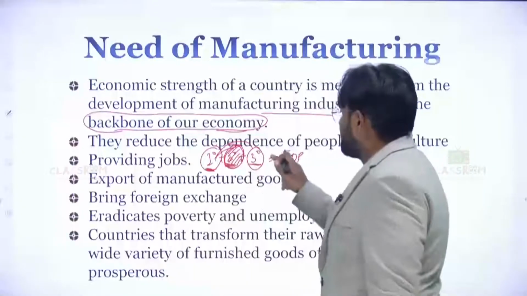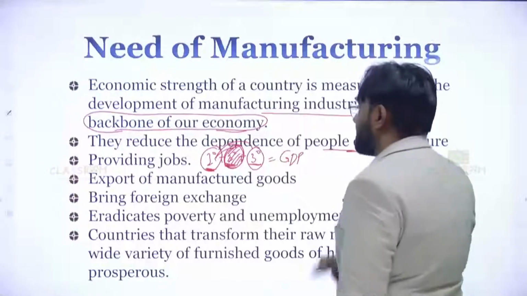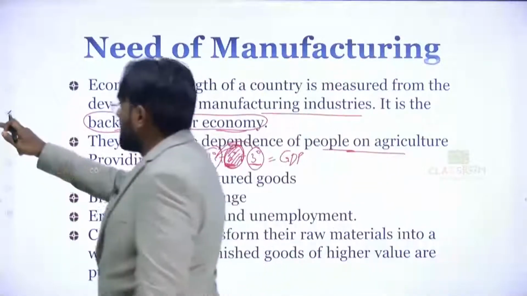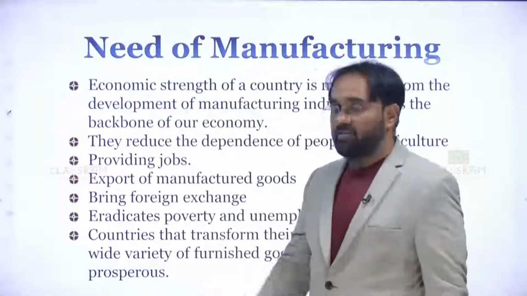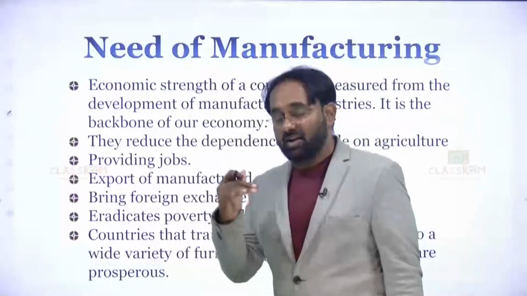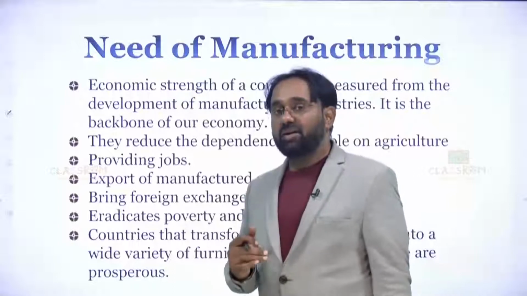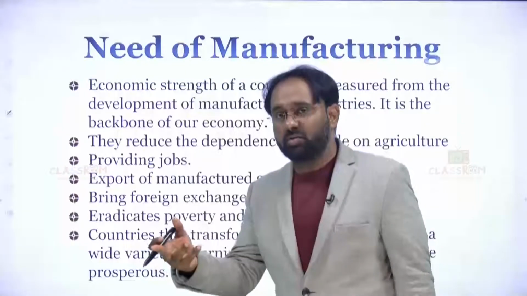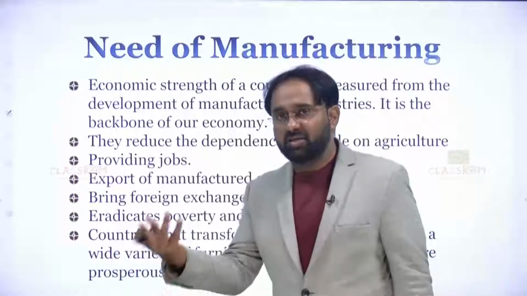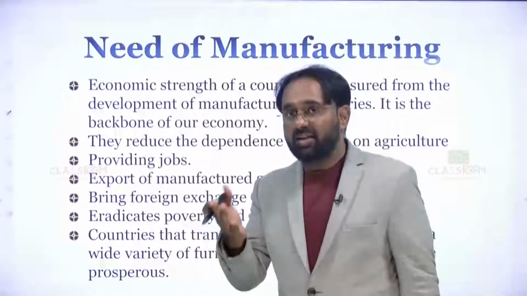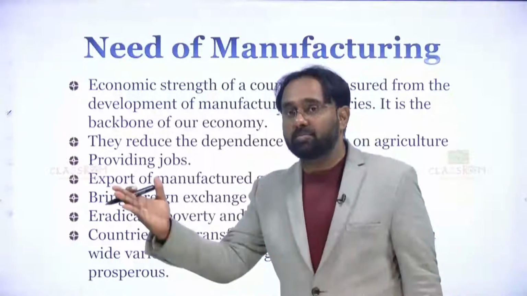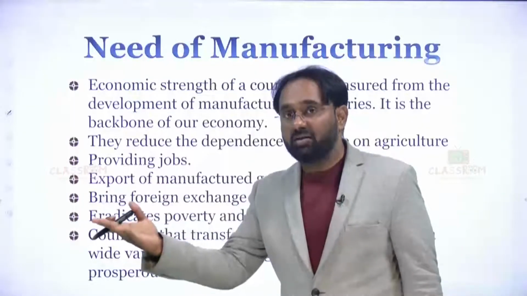They reduce the dependence of people on agriculture, providing jobs. Since ancient days, or since the time of the British, India has mostly been dependent on agriculture for livelihood and employment generation. If industries are developing, slowly there is an alternate source of income for the people of India.